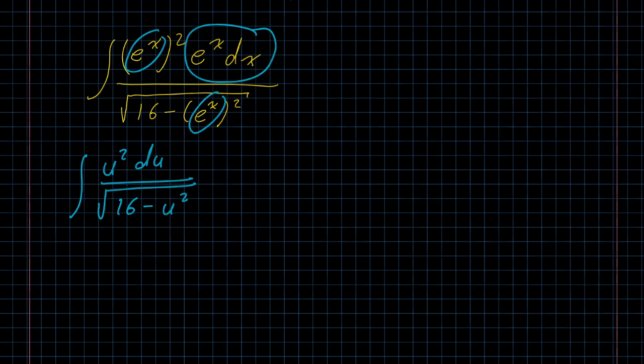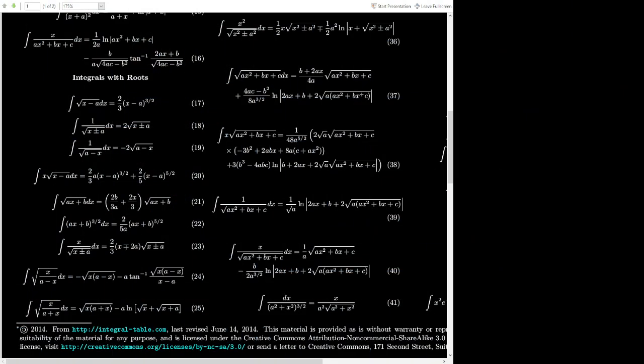All right, now I'll jump one more time to my table of integrals, and now that I have a radical here, I'm going to start thinking about the integrals with roots. There are an awful lot of them on the list, and I don't want to put my head in the way because I think it will actually block the one we need here.